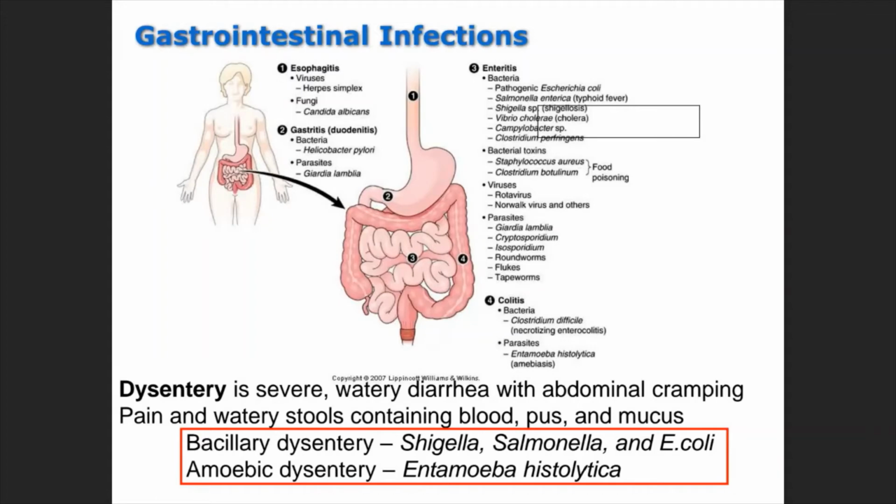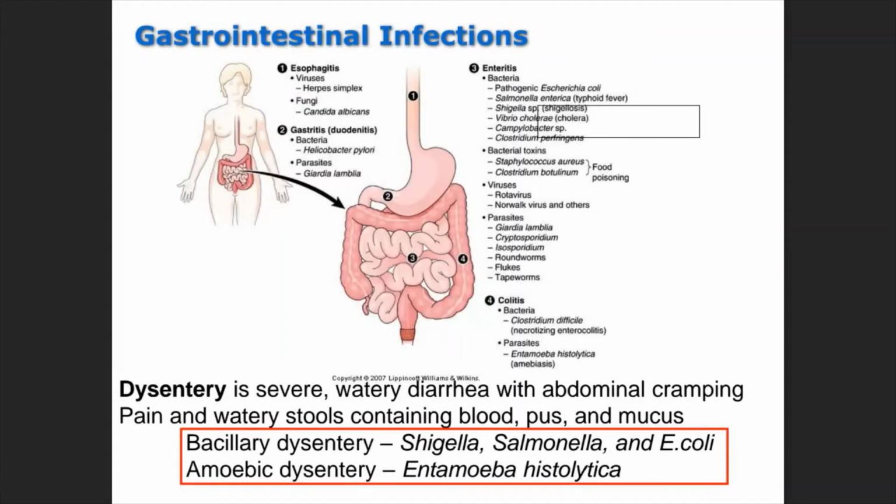This doesn't show you very well, but certainly there are viruses that can cause gastrointestinal tract infection, or a parasite like Giardia, which can cause this GI tract infection. But for the bacteria, Salmonella enterica causes typhoid fever. Okay.